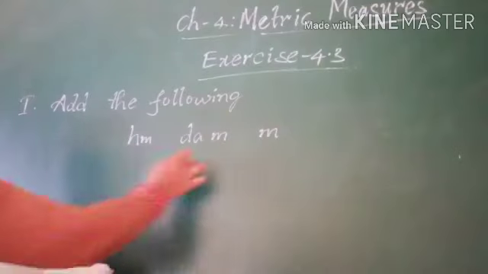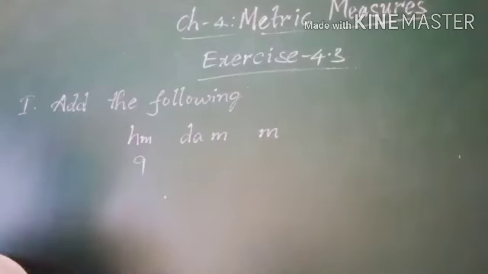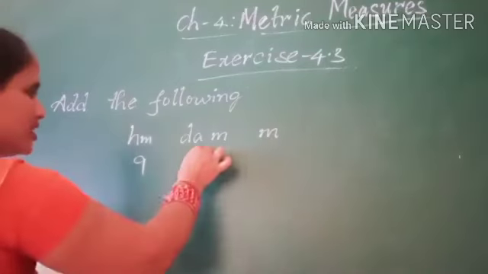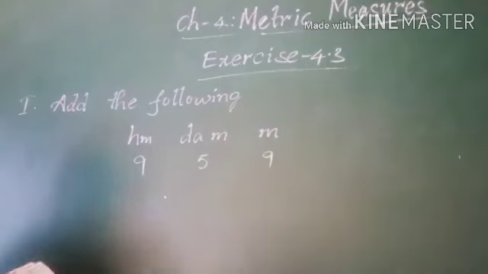You take them as columns. Then in the first number, 9 hectometers, 5 decameters, 9 meters, so 9 you write in the hectometers column. Then 5 you write in the decameters column and 9 again in the meters column.